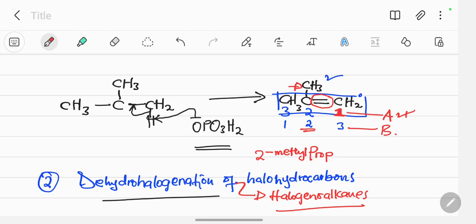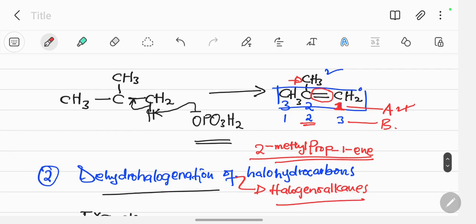No, that one is an alkane. I'm going to allocate the position for the function group. So it will be prop-1-ene, like that. So that one is the IUPAC name.